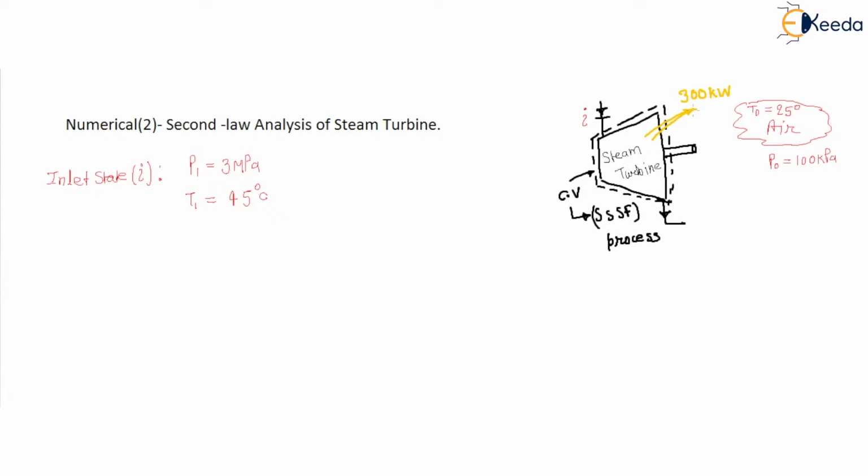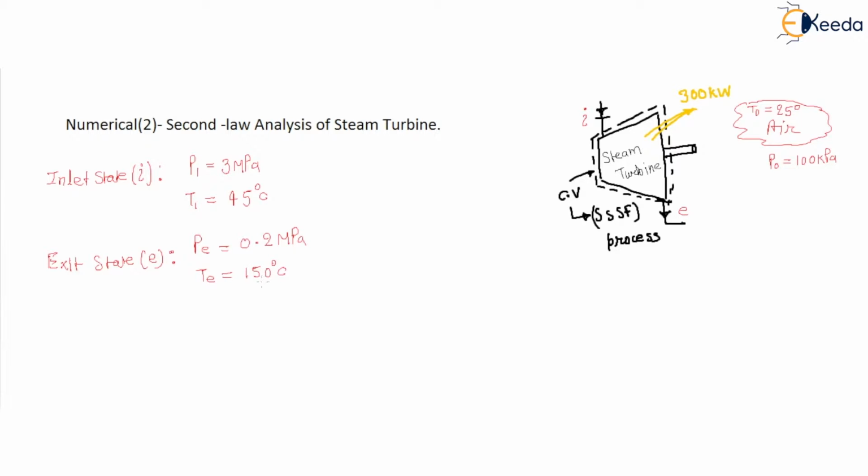Now, the exit condition is also given. The exit state is given: PE is 0.2 megapascal, and TE is 150 degrees centigrade.